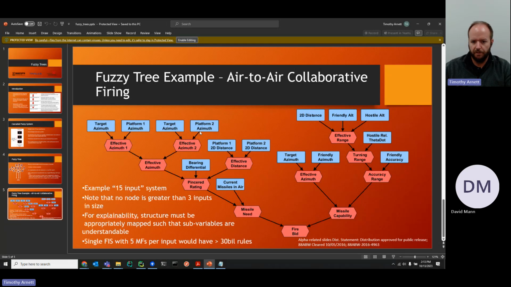In this case, we have 15 inputs coming in, and a fuzzy system taking in 15 inputs. The number of rules you would have to define to fully map that input-output space would just be completely prohibitive, even for evaluation, not even machine learning or any other type of thing. Even evaluating those systems can be extremely expensive when they become that large.